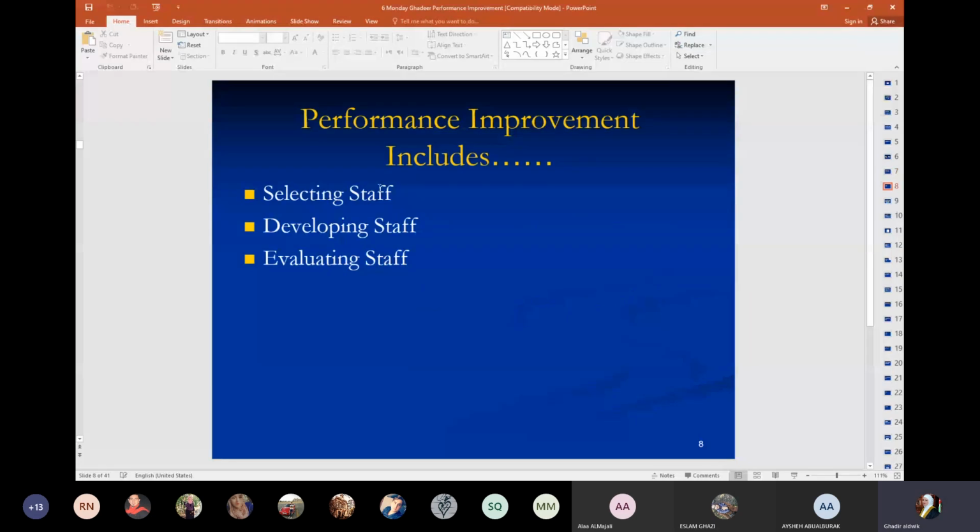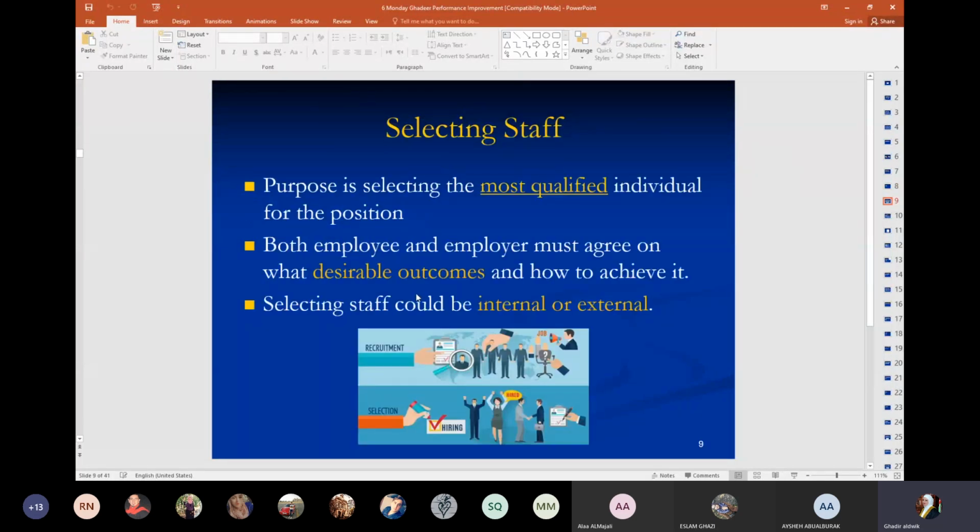In performance improvement, we will talk about different tasks or skills, for example selecting staff, developing staff, and evaluating staff. Those are the dimensions of our lecture today. Now, we will start with selecting staff. Can anyone talk about his or her experience with selection criteria?